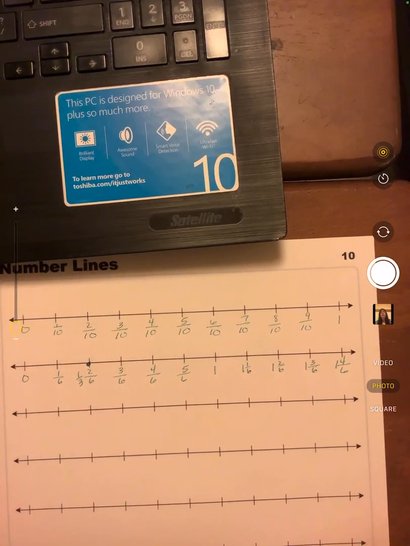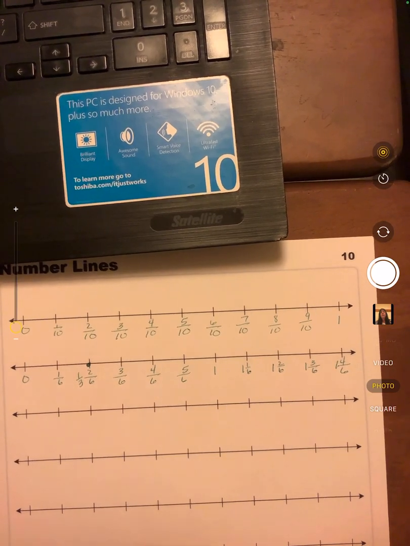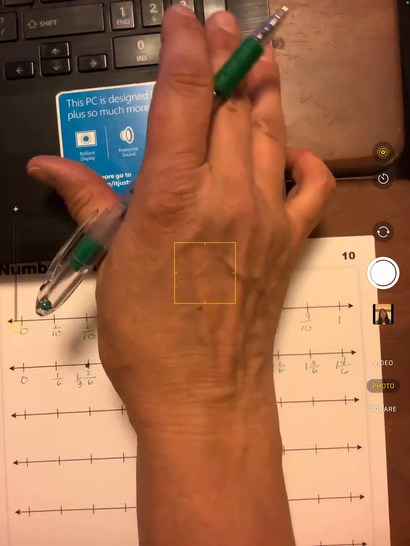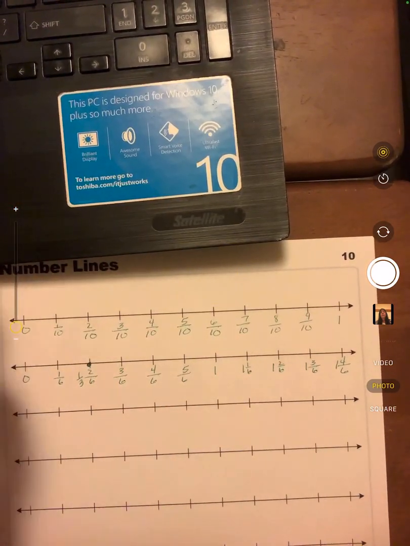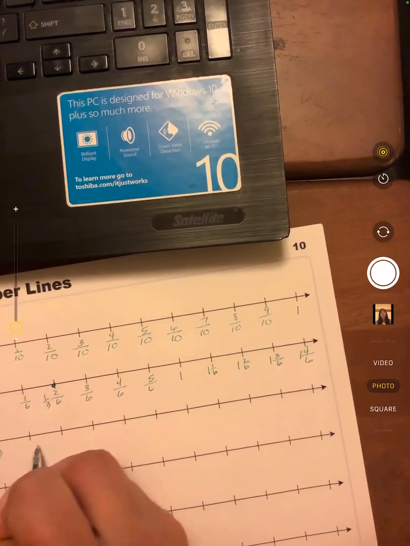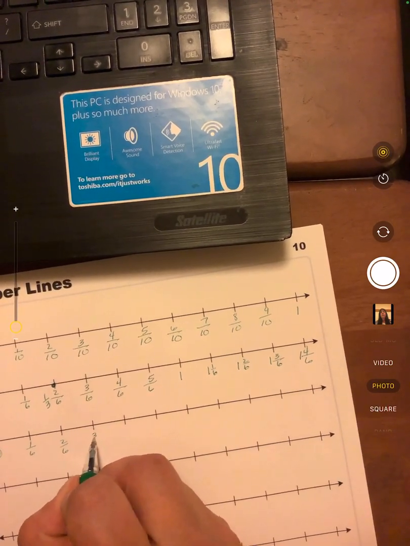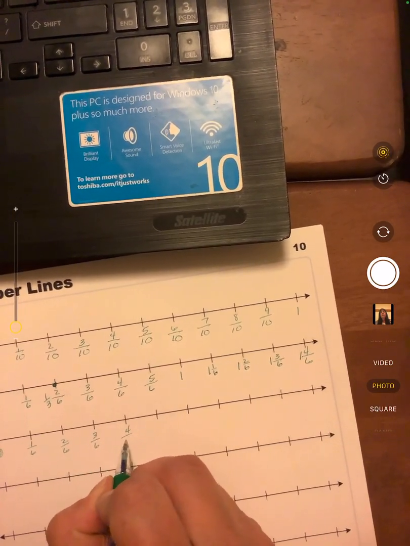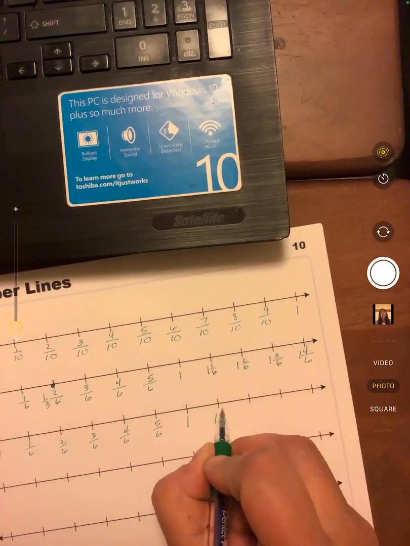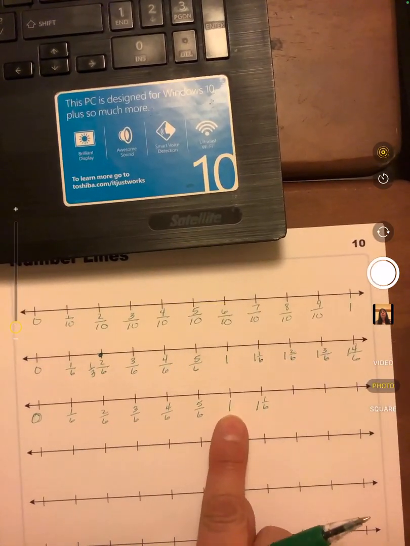We'll do a couple more in here. This is 12, so sixths again. So let me number this. Okay, so we have all the way up to 1.